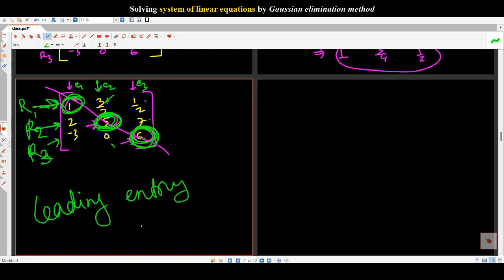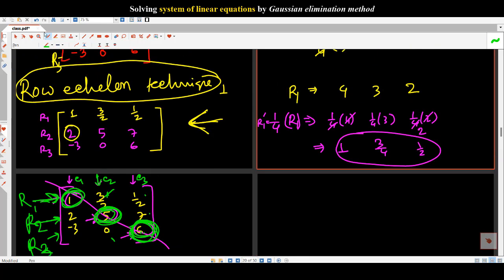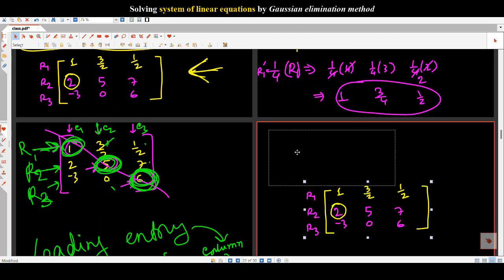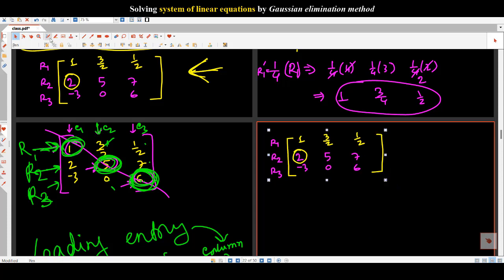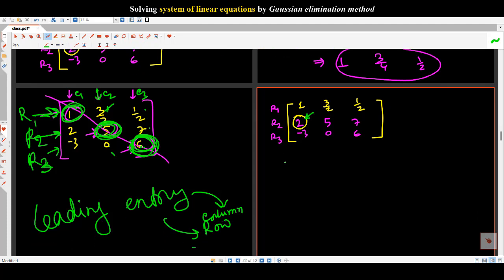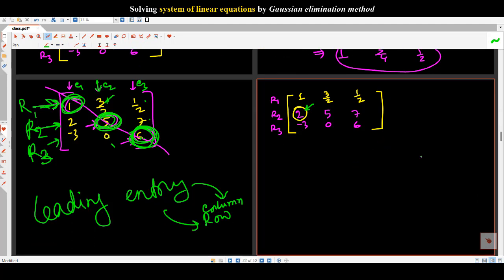And leading entry is related to the row and column. Okay, however, so we have this matrix, and this time our focus is to make this entry 0. So for 0 we have to use addition.